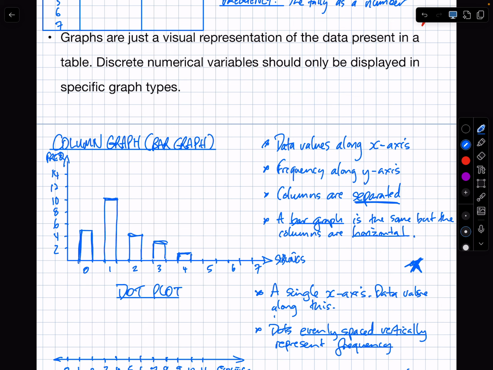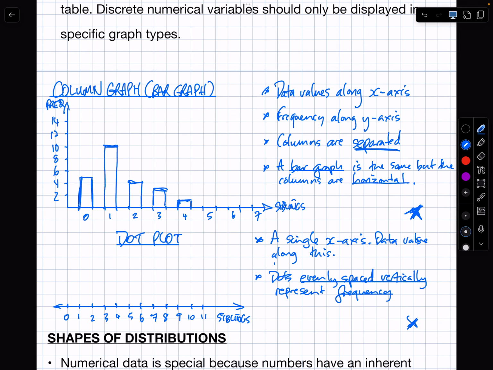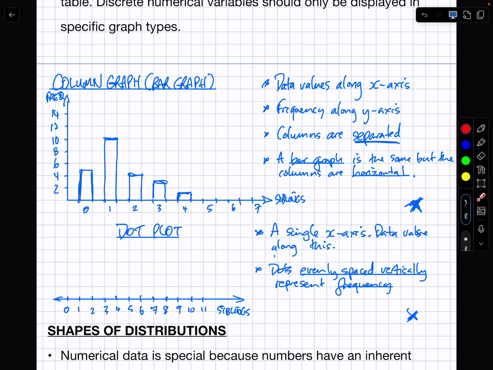Okay, next kind of graph that you should be aware of. Dot plot. This is very similar to a column graph, but in the dot plot, is there a y-axis here? Can anyone see a y-axis on that dot plot? No. You just have horizontal. How do we represent the frequency?